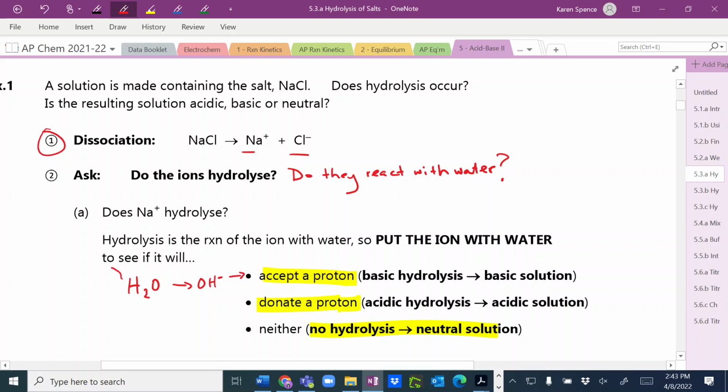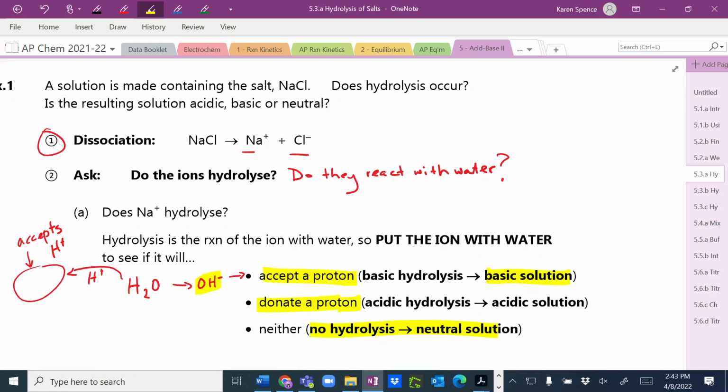Because it's donating a proton to whatever it is, okay? So if this thing accepts a proton, then we produce a basic solution because we have produced hydroxide. Does that make sense?